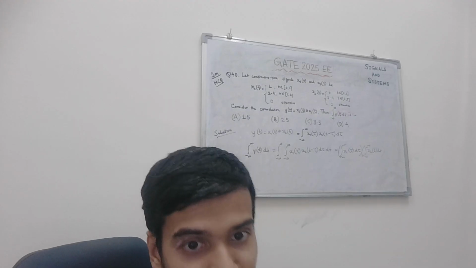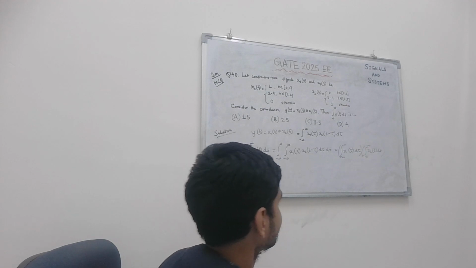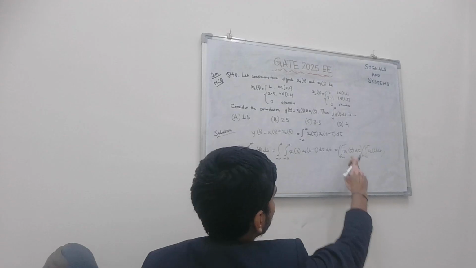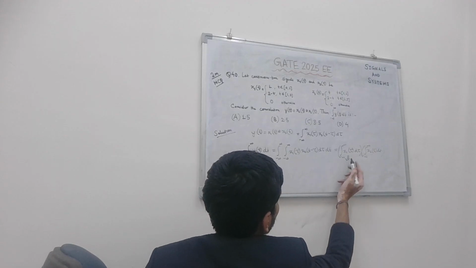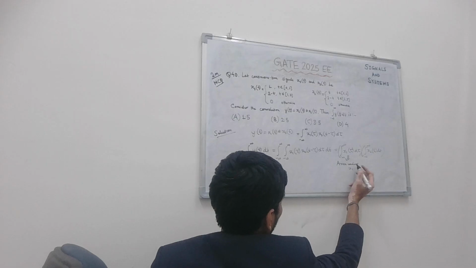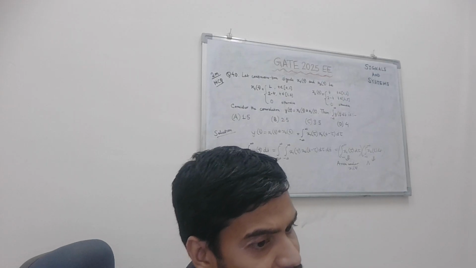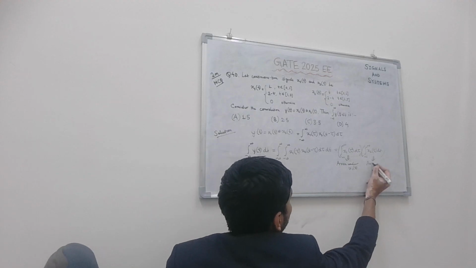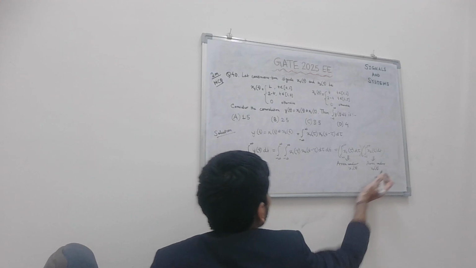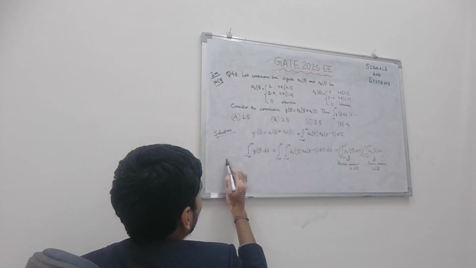This is the speciality, the uniqueness. So this is nothing but the area under x1(t). Similarly, this is nothing but the area under x2(t). Let's first plot the graphs of x1(t) and x2(t) and find their areas.